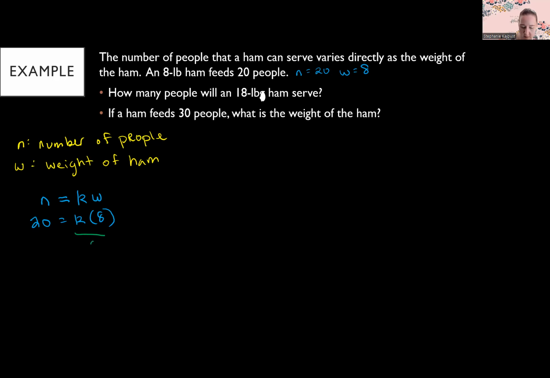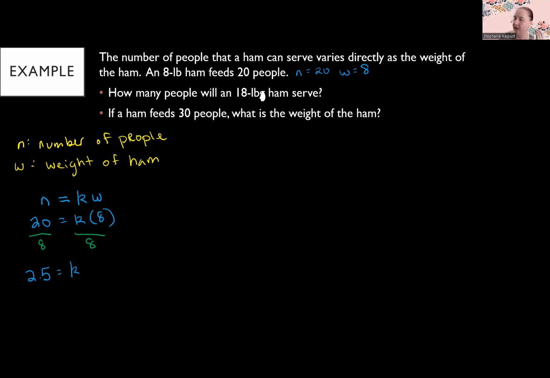So we need to divide both sides by 8 in order to solve for k. And this will give us what's called the constant of variation. So you'll grab your calculator. And usually for variation problems, because they're word problems, we do use decimals instead of fractions. So I have 2.5 equals k.